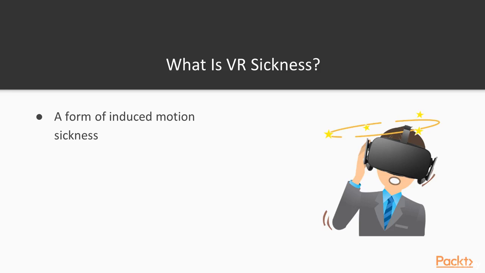VR motion sickness is a form of induced motion sickness which differs from your everyday motion sickness. Whereas the motion sickness with which people are most familiar results from actual motion, such as the bobbing of a boat that causes seasickness, the primary feelings of discomfort associated with VR sickness occur when visual information from a simulated environment signals self-motion in the absence of any actual movement.